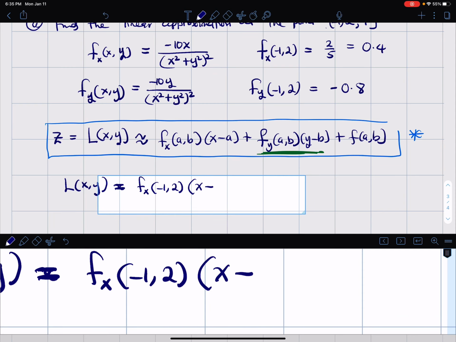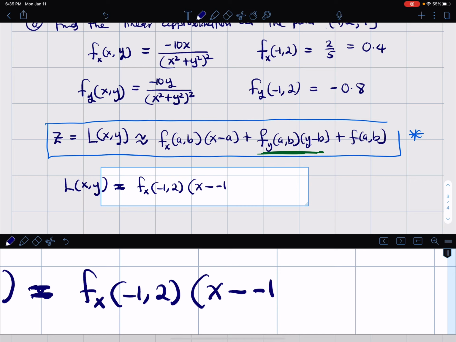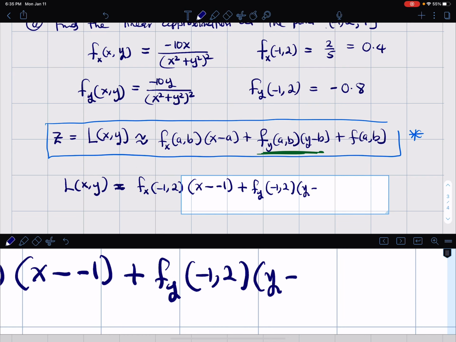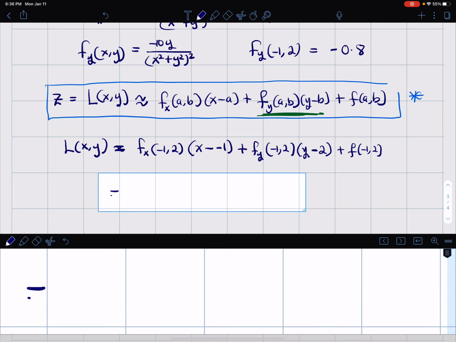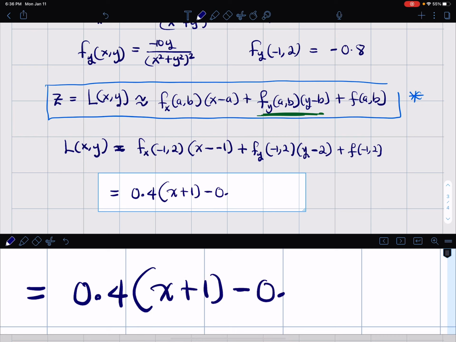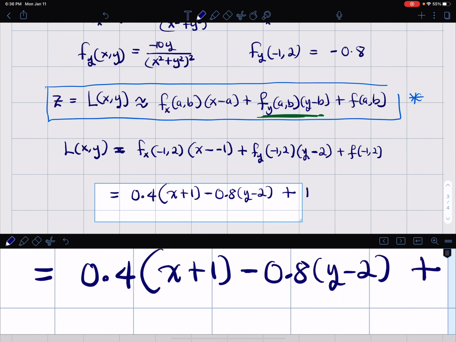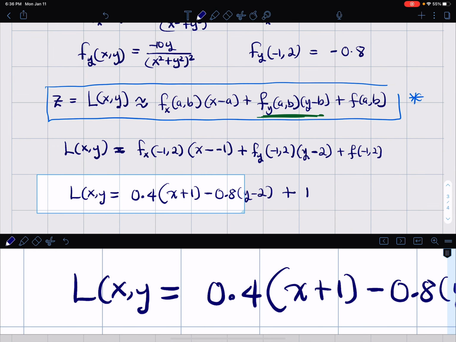Our a is -1, so it's x plus 1, plus fy at -1, 2 times y minus 2, plus f at -1, 2. So we have 0.4 times x plus 1, minus 0.8 times y minus 2, plus 1. So that's what we have, L of x, y.